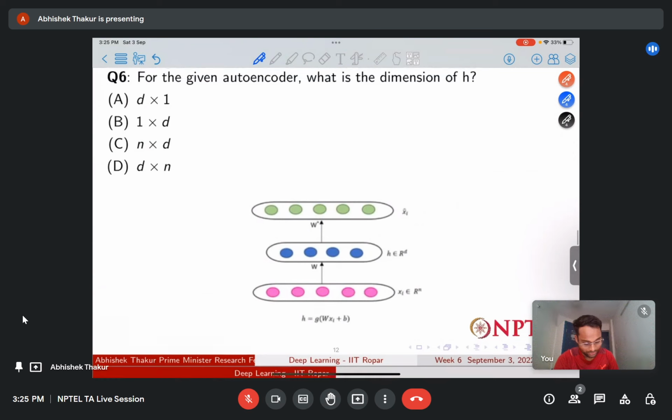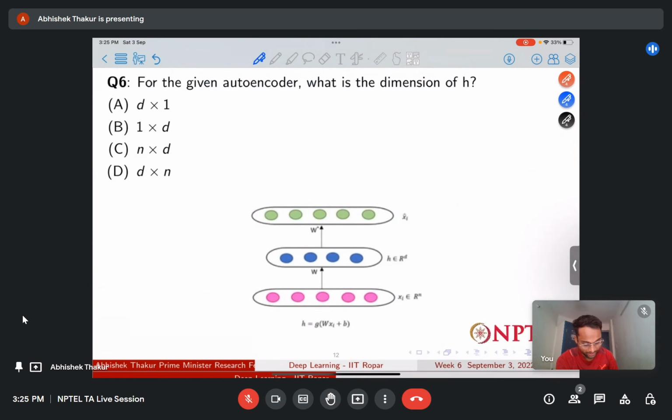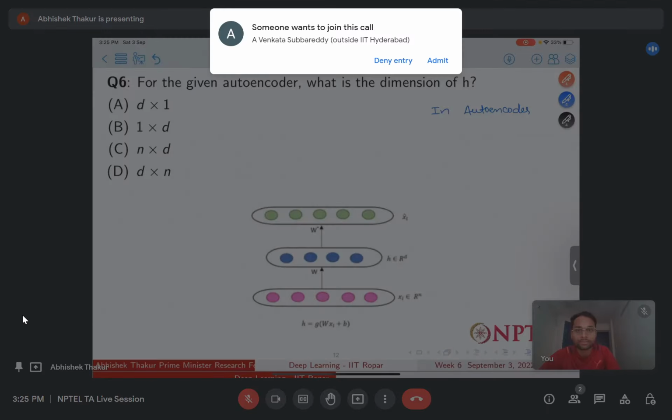So in autoencoders, it encodes the input Xi into a hidden representation H, and it decodes the input again from the hidden representation. So in autoencoder, what happens? I am also trying to cover some of the basic concepts so that if you have already seen the lecture, it will be a revision for you, or if you want to see the lecture.